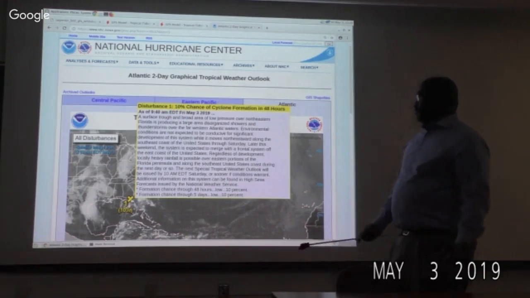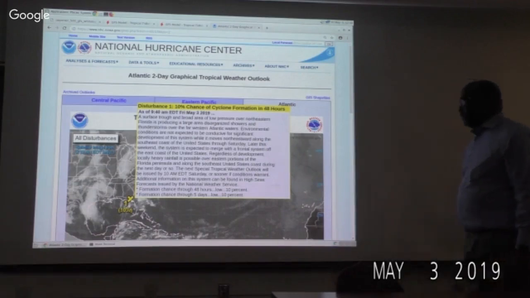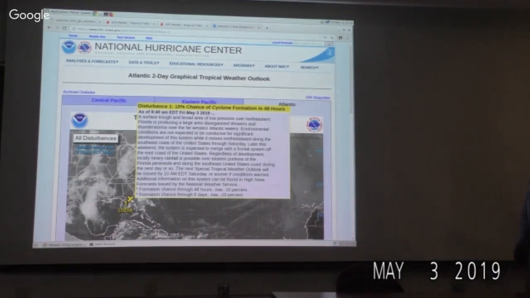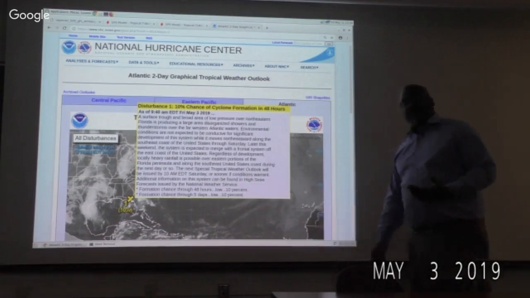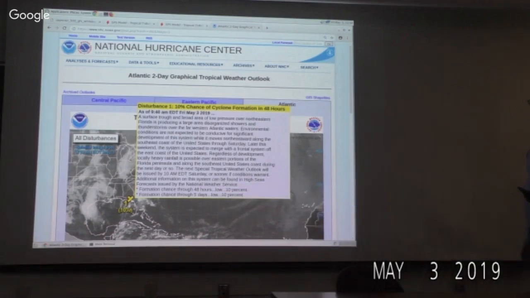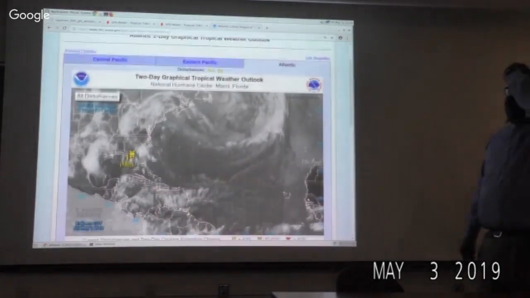It's not favorable for significant development, and it's an emergent frontal system leading to some heavy rain over parts of the Florida Peninsula. So very low chance of development, but the fact that they even began to talk about this, I think it was a 30 or 40% chance a couple days ago in the 5-day outlook. So the formation chance in 5 days has come down significantly. Things are beginning to cook, or get their interest, pretty early this year, or relatively early. It's a month before we start.